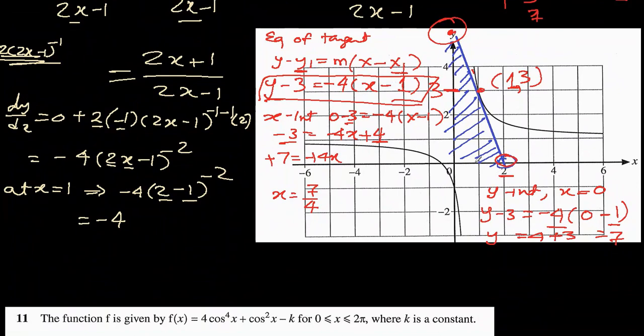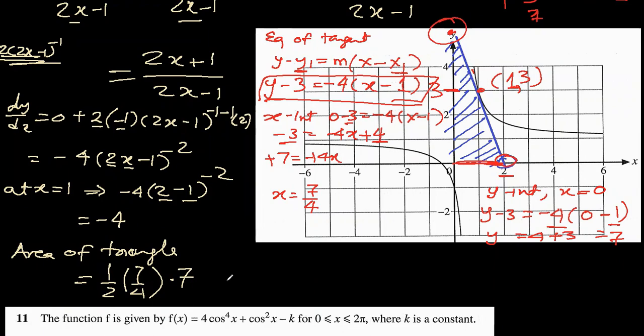So we know now this length, which is 7 over 4. We know the height also. We can find the area of the triangle now. So area of triangle will be half base times height. So 7 times 7 is 49 over 8.